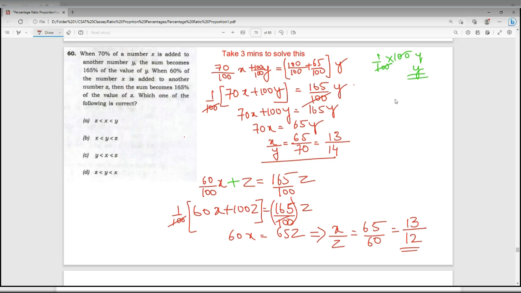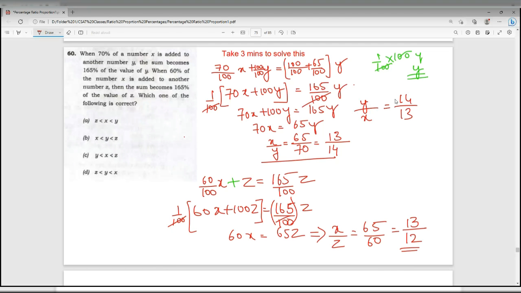So we have x by y is equal to 13 by 14 and x by z is equal to 13 by 12. Now we have to find out the relationship between x, y and z. Normally what we do is, if we have two ratios, whatever is common, we try to bring it in the middle. So x is common here, so we'll bring it in the middle. Instead of x by y is 13 by 14, you would take y by x equal to 14 by 13.